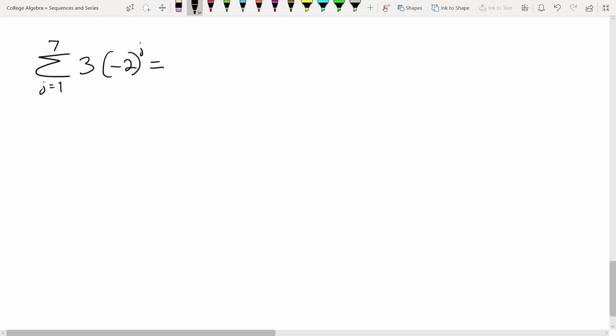So I'm going to plug j equal to 1 into here, and that gives us 3 times negative 2 to the power of 1. And then j equal to 2, then j equal to 3. And we don't need to find actually the rest of them.